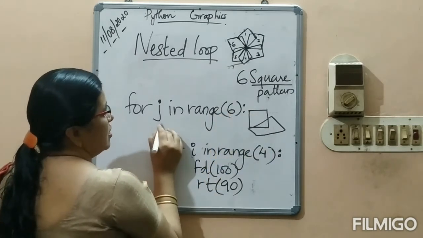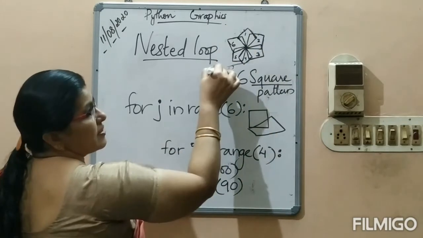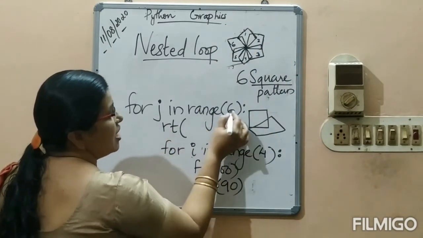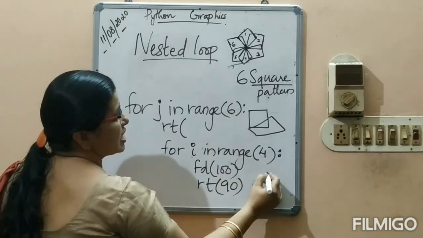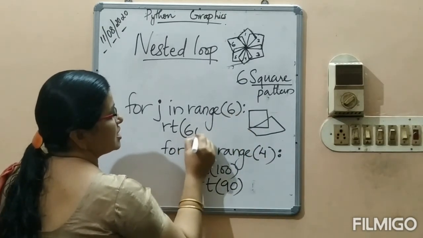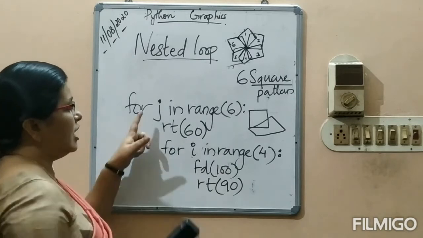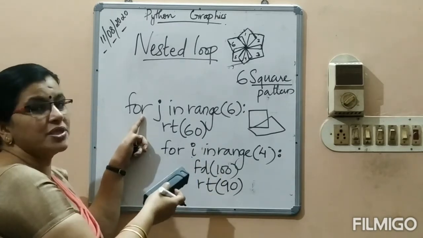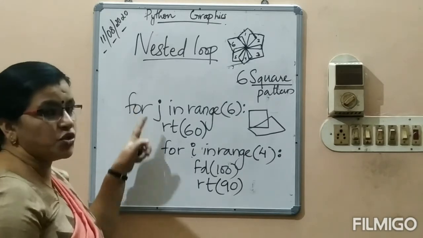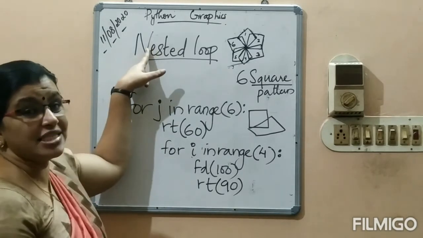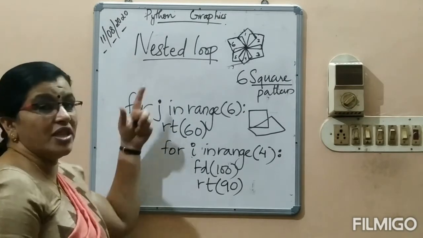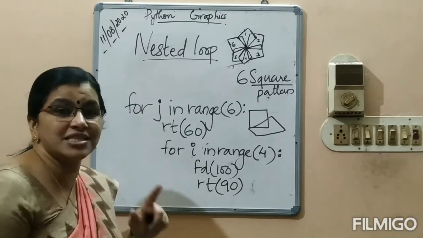Then only turning is going on there, so for turning we will write only RT. If it is 6, what will be 360 divided by 6? 60. A loop inside another loop. See, 2 loops are there. If there are 2 loops, we call it nested loop.